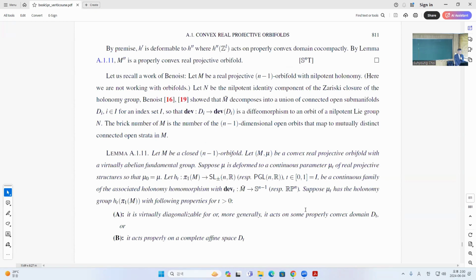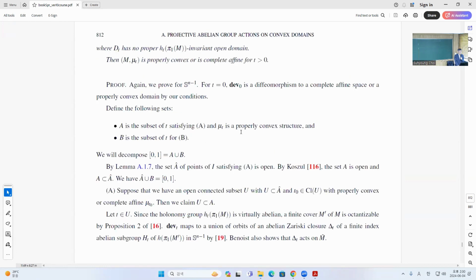So this means that the properly convex and the complete affine together will form a stable sort of situation here. So basically, this is pretty long, and the point is that you just need to show that everything goes into an orbit and the orbit converges.